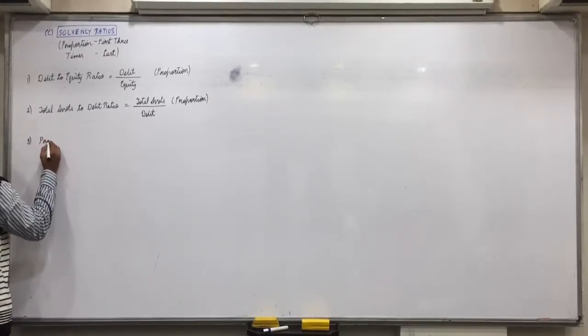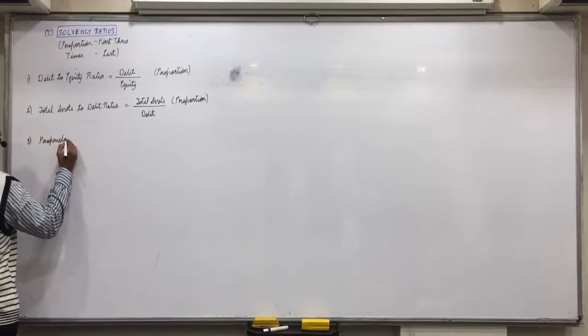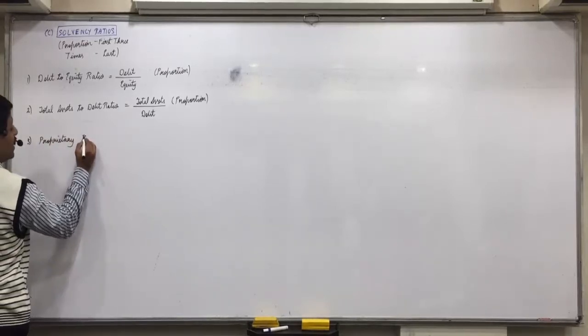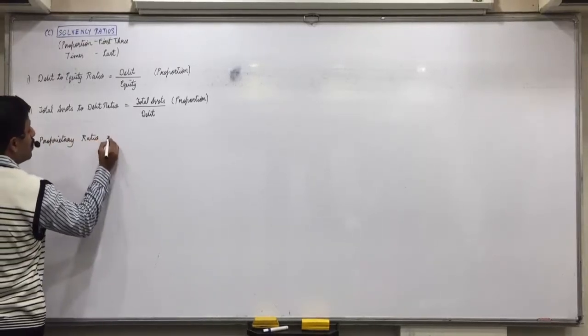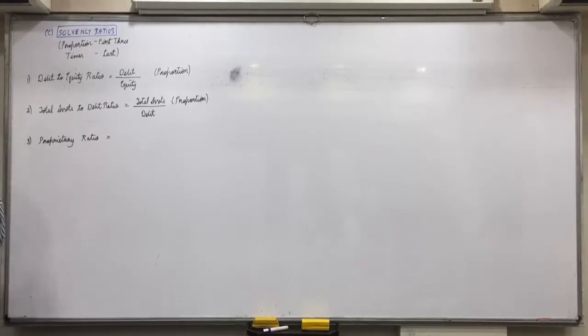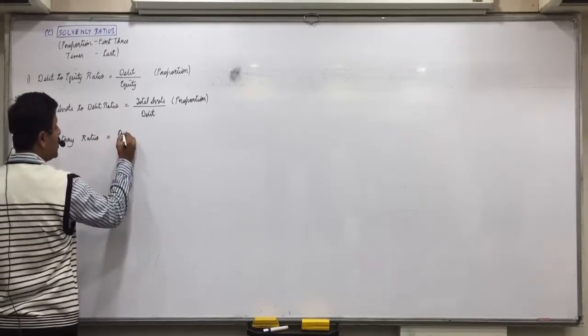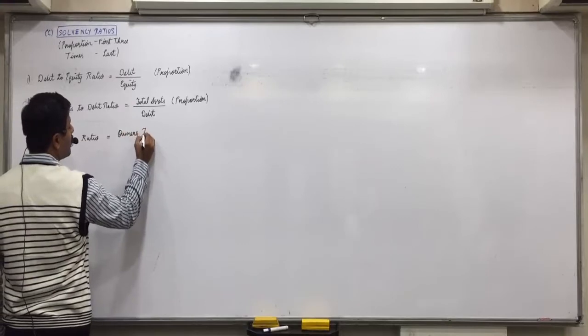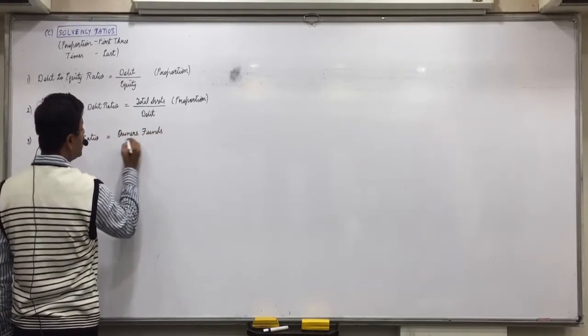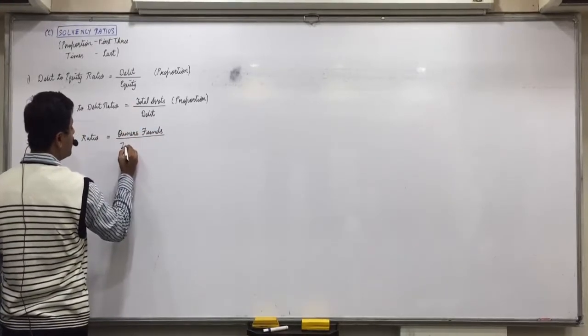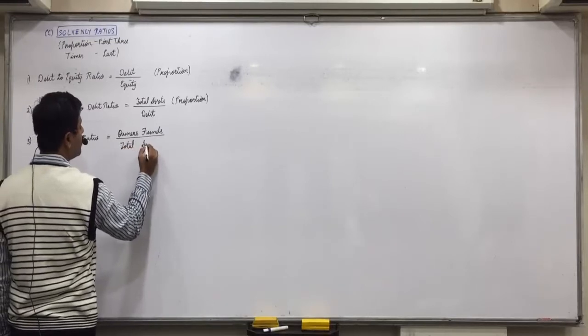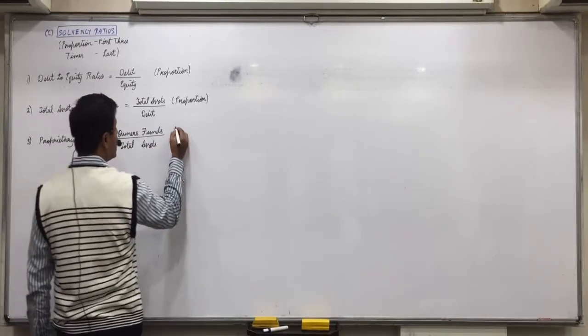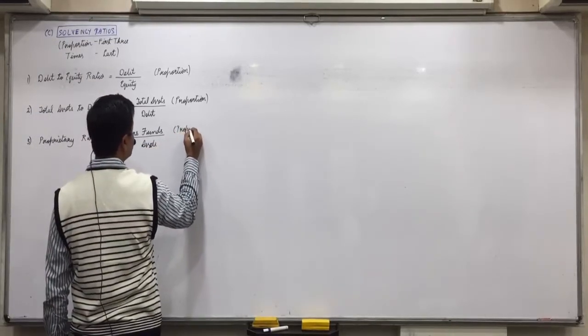Proprietary ratio, it shows how much of assets are financed by owner's capital. So owner's funds divided by total assets. This is also expressed in proportion.